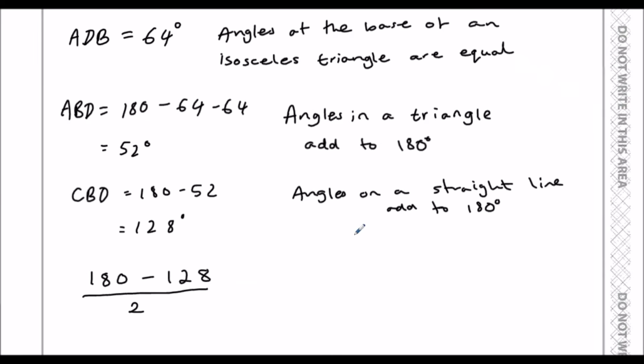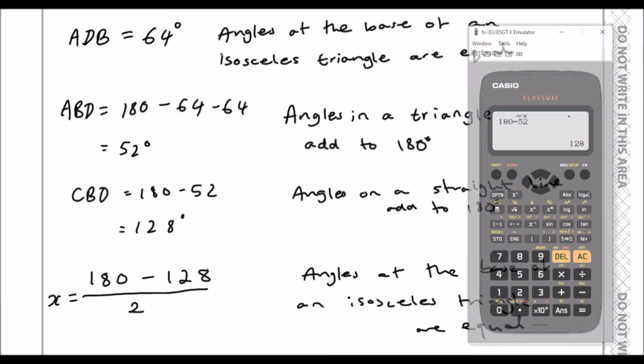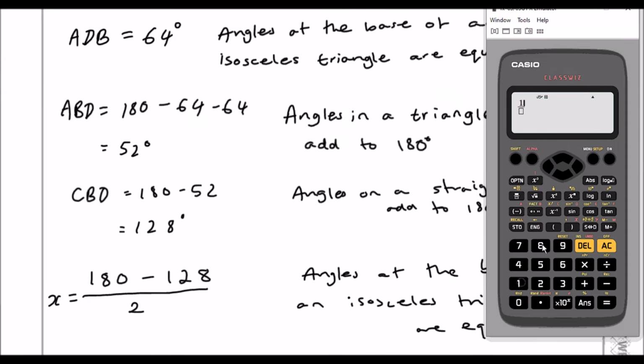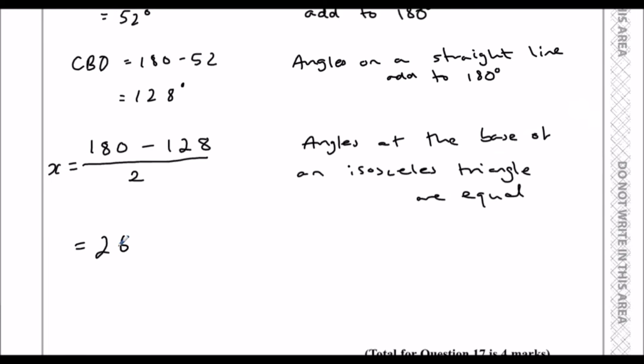So again, angles at the base of an isosceles triangle are equal. So let's type it in the calculator. 180 take away 128 divided by 2 is 26 degrees. So x is 26 degrees.